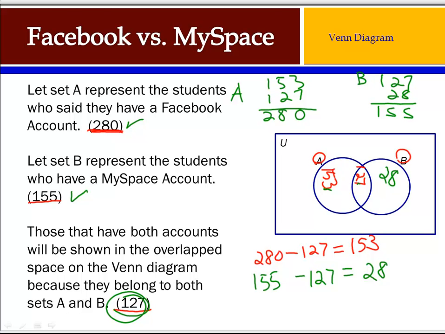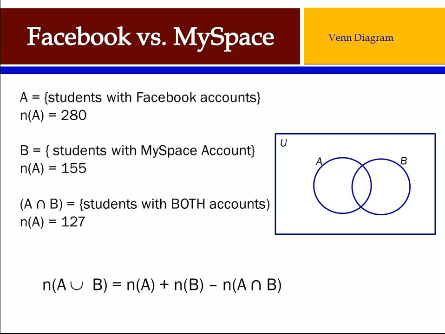Now this helps us to answer the question about how many people were surveyed. Taking what we just learned, we can answer the question of how many students were actually surveyed by looking at either the formula or the Venn diagram that we prepared before.